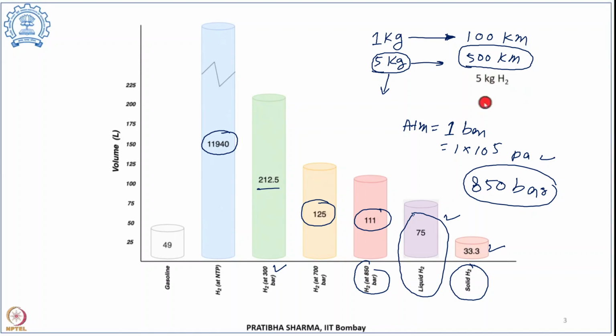For movable applications, for the automobile industry, it is very difficult to use hydrogen as a fuel. If we use hydrogen as a direct fuel, the efficiency is very, very low. But indirectly, as I discussed in the first class, through a fuel cell as an intermediate, the efficiency is very good.